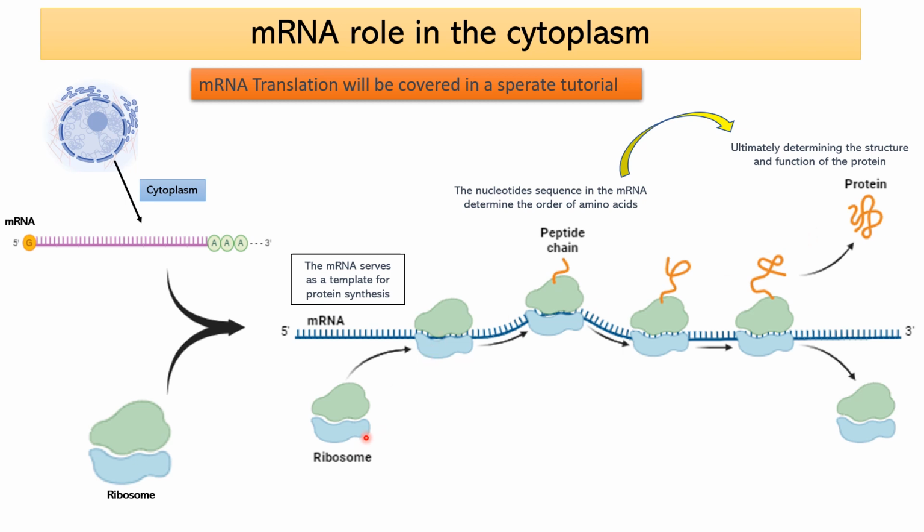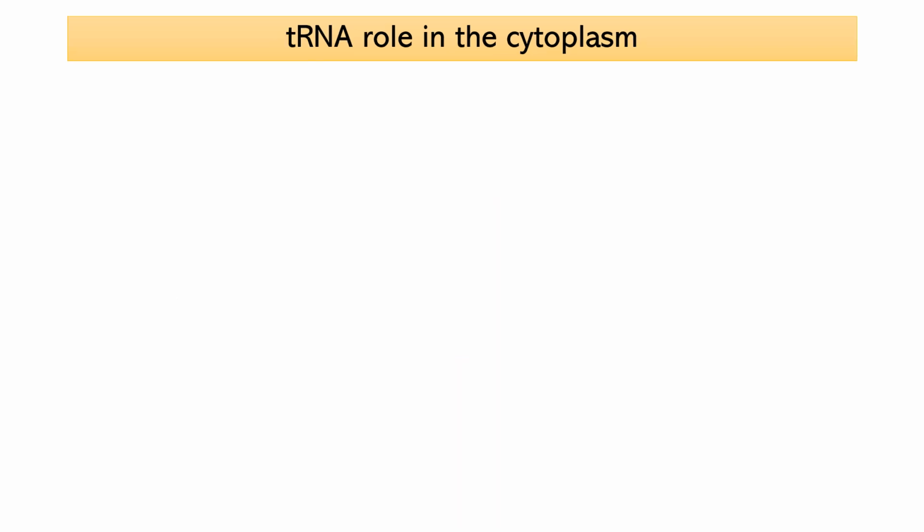The movement of the ribosome is from the 5' to the 3' end. They bind close to the 5' cap and then go toward the poly A tail. Now let's have a look at the other RNA type, which is transfer RNA or tRNA.